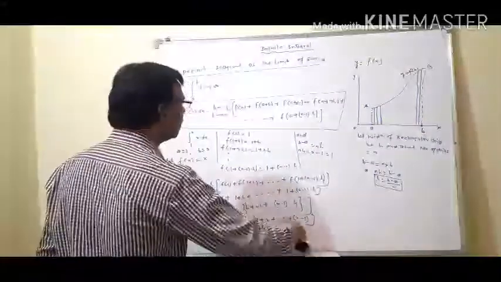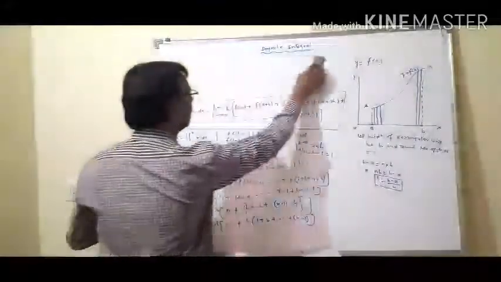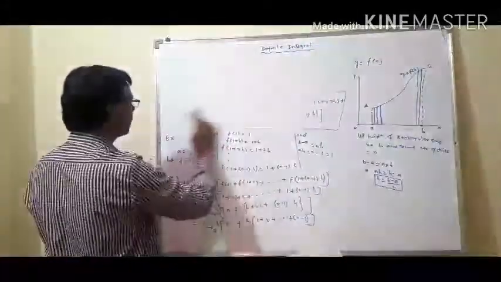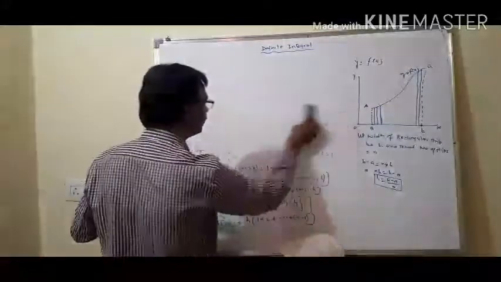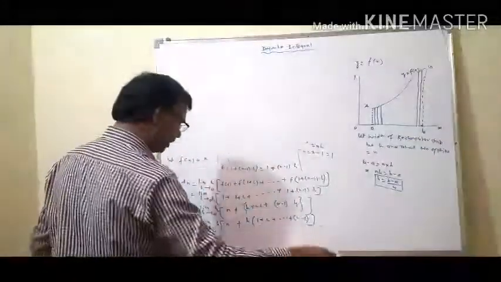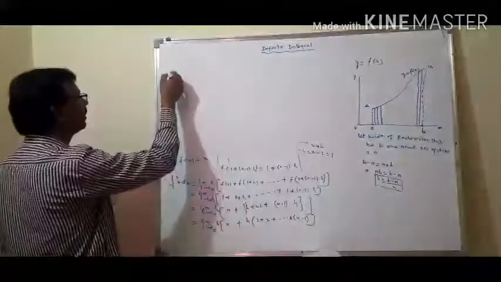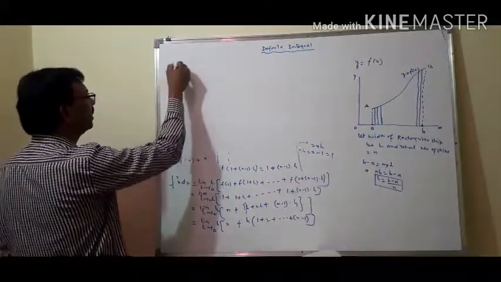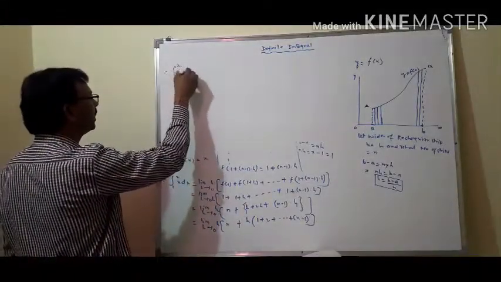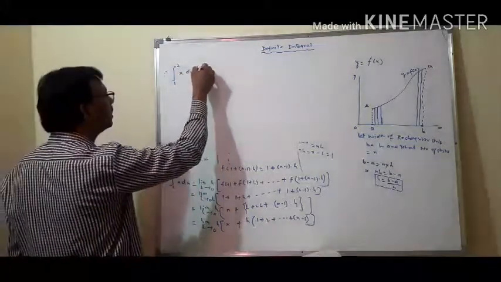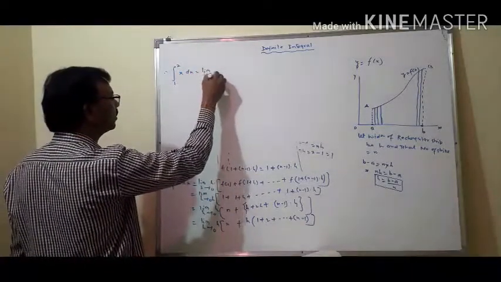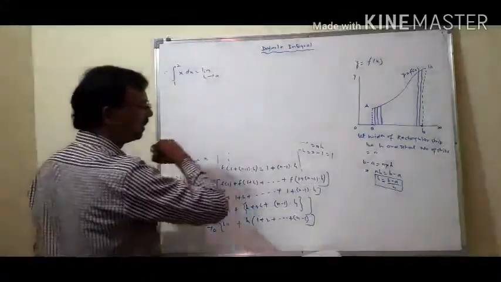Now I write on the upper side: therefore the integration from 1 to 2 of x dx equals limit h tends to 0.